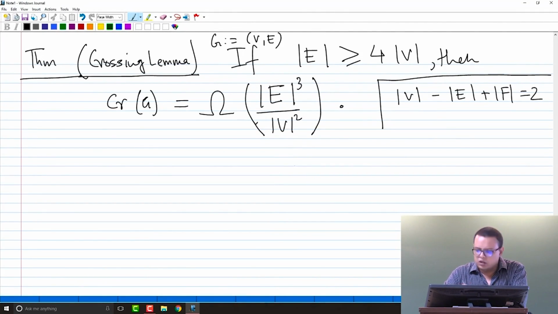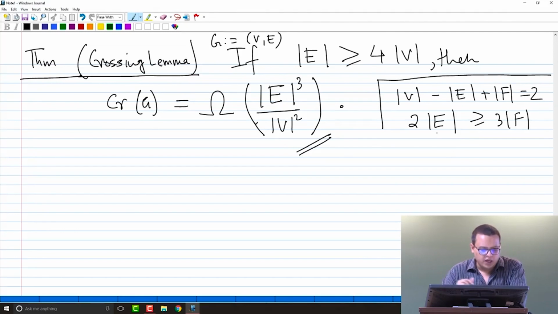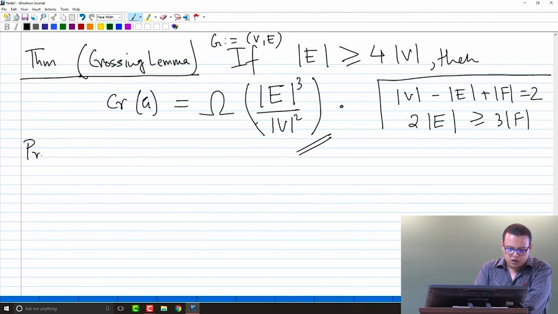You use this result and another inequality, which is like twice the number of edges is greater than or equal to 3 times the number of faces. You use these two to get that bound, the number of edges being less than or equal to 3 times the number of vertices minus 6. But this bound is very hard to get using these kinds of linear relations in edges and vertices. So here the main new ingredient is probability.